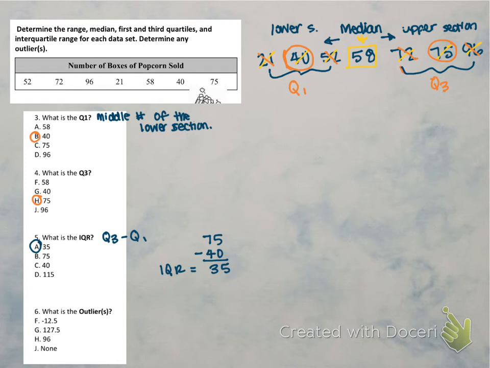So this is the part that's confusing because it doesn't really have a name. So we found all this information and now we have to take the IQR and multiply it by 1.5. And this is going to give us our limits for the upper and lower limits to find outliers.